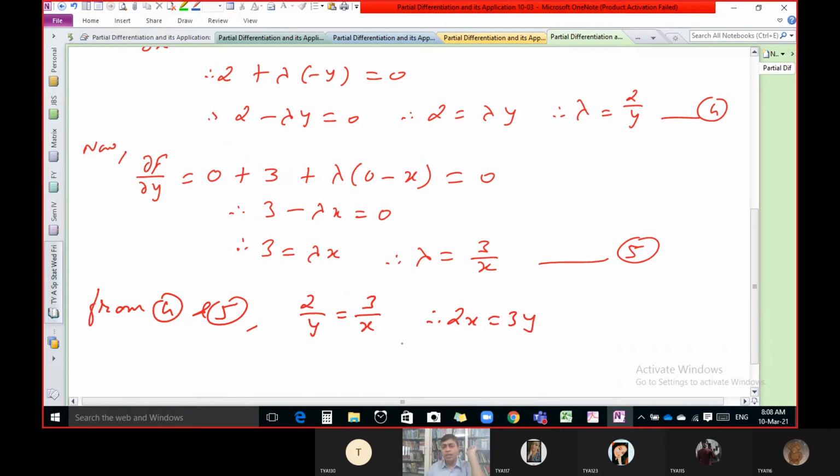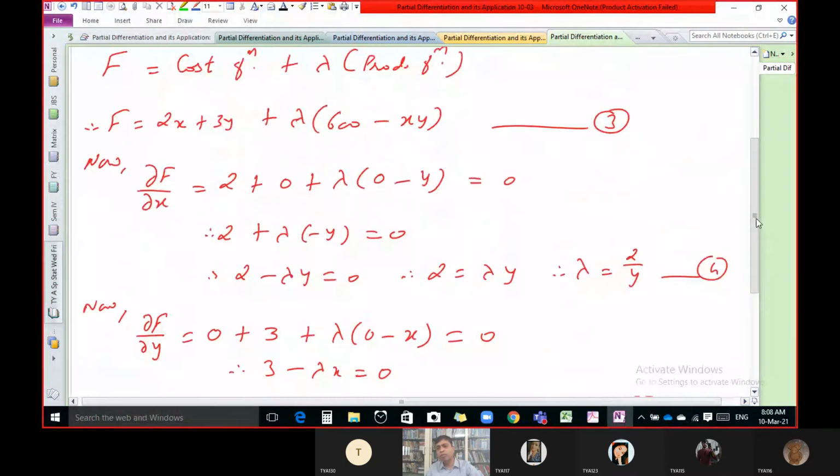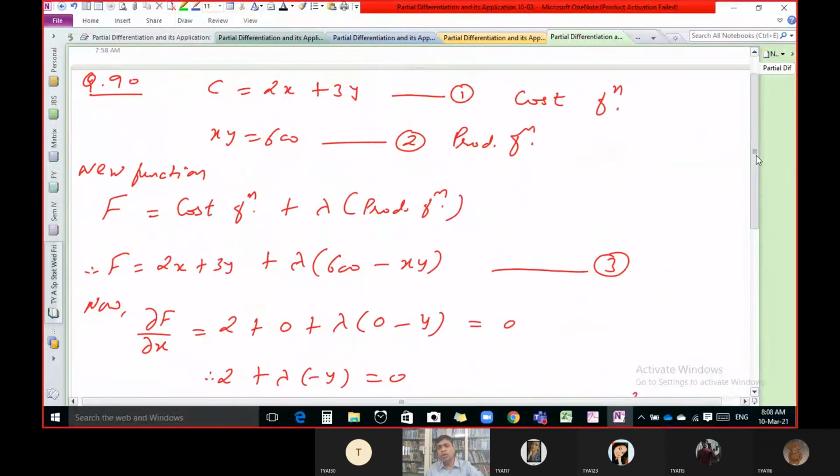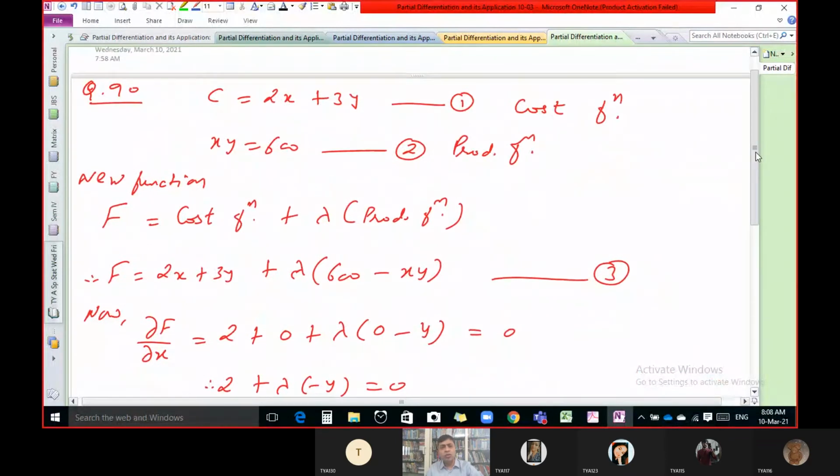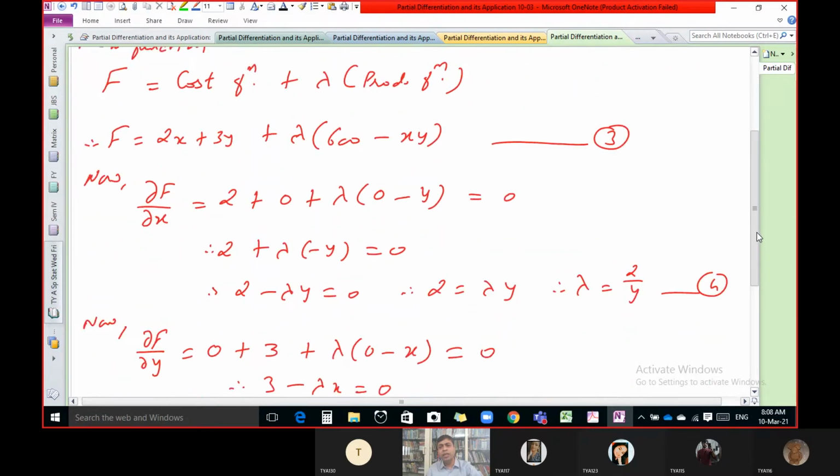Now listen carefully. In this type of question of minimizing the production cost, always one production function is given in the form of multiplication. So you have to use the method of substitution instead of the method of elimination.